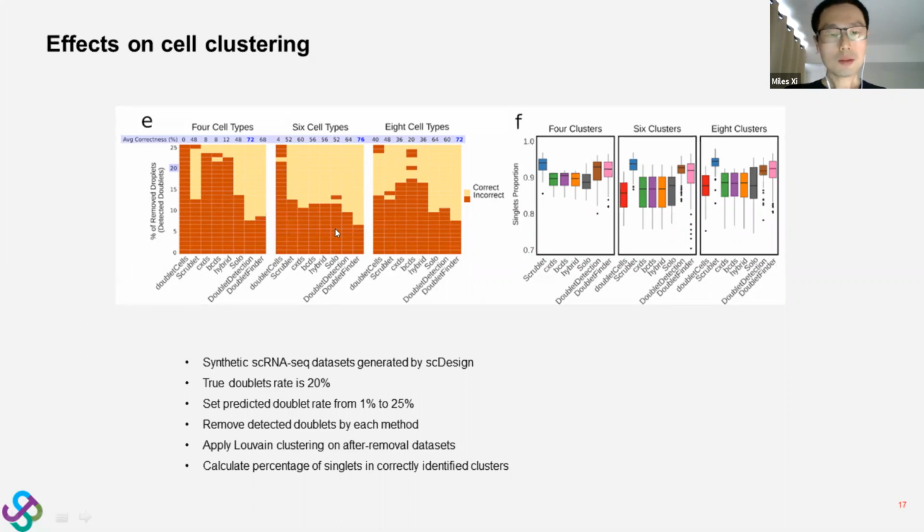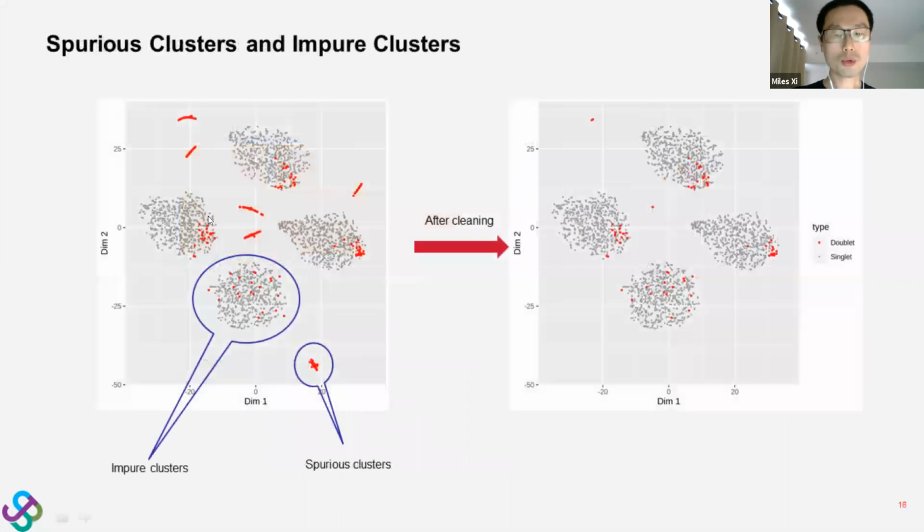And then this is the effect of removing all those red clusters. We also want to check, among all those correctly clustered clusters, how many doublets are still here.